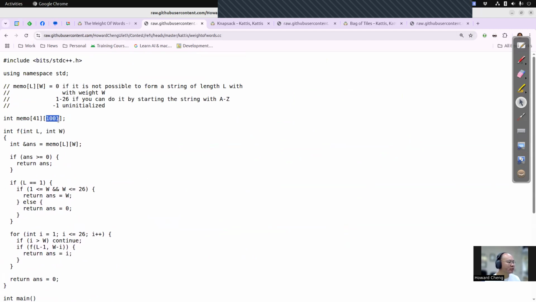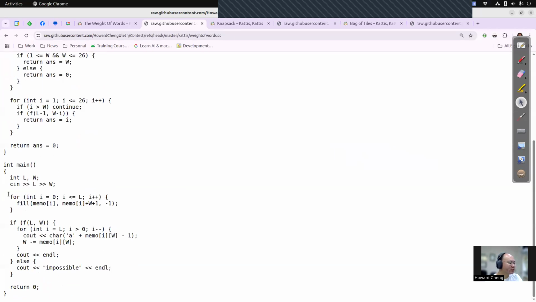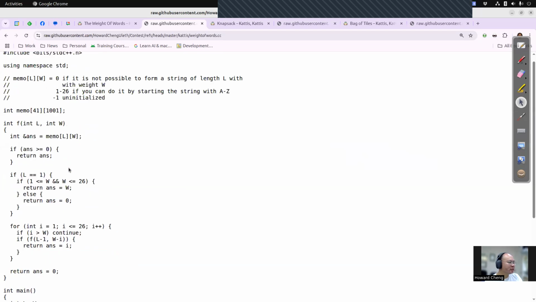Total weight is at most 1,000, so I have to go from 0 to 1,000. That's 1,001. Length is at most 40, so it's 41. The value is 0 if it's not possible to form a string of length L, 1 to 26 if you can do it by starting the string with these letters, and -1 if it's uninitialized. So at the beginning, before I start anything, I fill the whole table with -1.